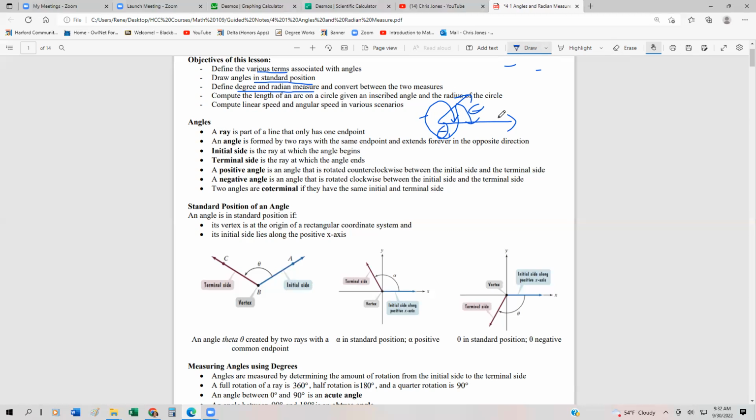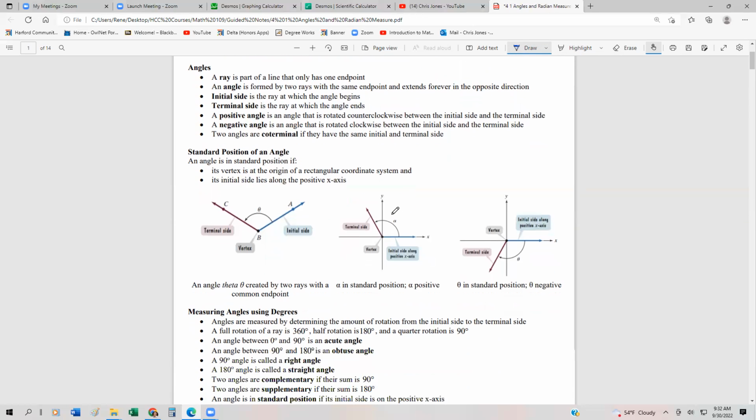And I could certainly go in a positive direction, and that angle would be coterminal as well. We're going to see later how to compute those as well as construct them, but I'm just giving you the ideas of these definitions as we go through.